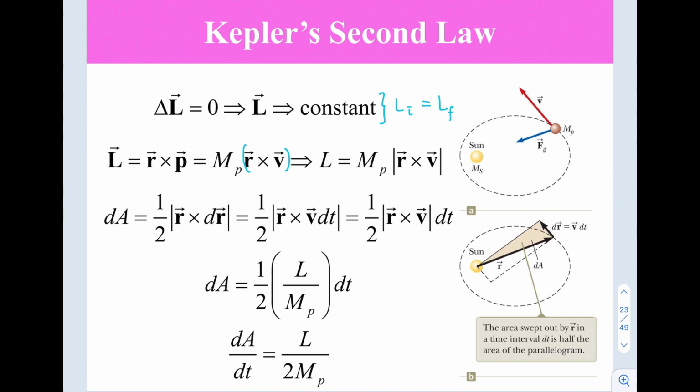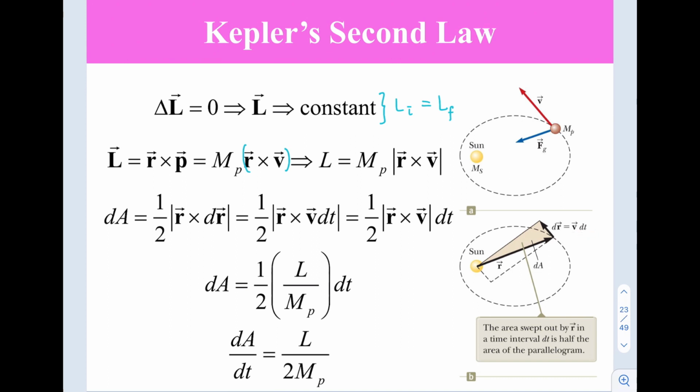At this instant the planet is in motion with velocity v, and it is attracted to the sun by the gravitational force Fg. And this v is tangent to the position, with dr equal to v dt.